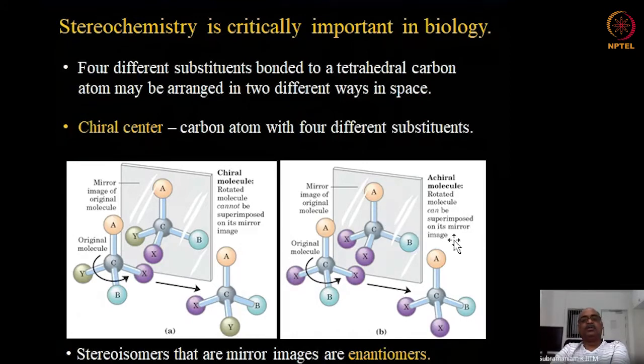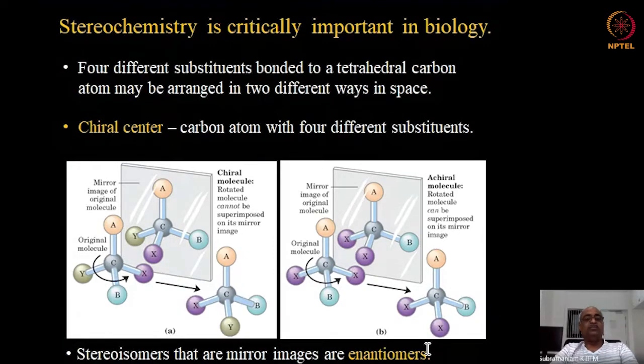The rotated molecule can be superimposed. So this is not chiral, and there isn't any difference between the two, so there isn't anything to speak of as a specific configuration. While here there is a specific configuration, and one is the mirror image of the other. So two types are possible here. And such a carbon is the chiral center. And such mirror image structures are called enantiomers.